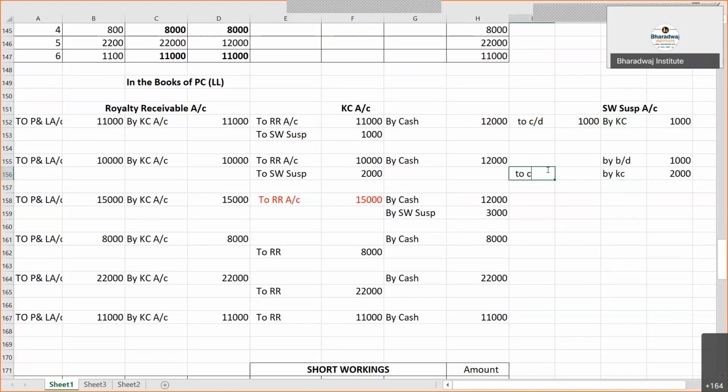To balance carried down. I think it is a waste of time to do this because they will not ask this much in the exam. Next year by balance brought down 3,000 to KC, 3,000 is recovered. So they will not ask this particular ledger account in the online examination. It's not possible.